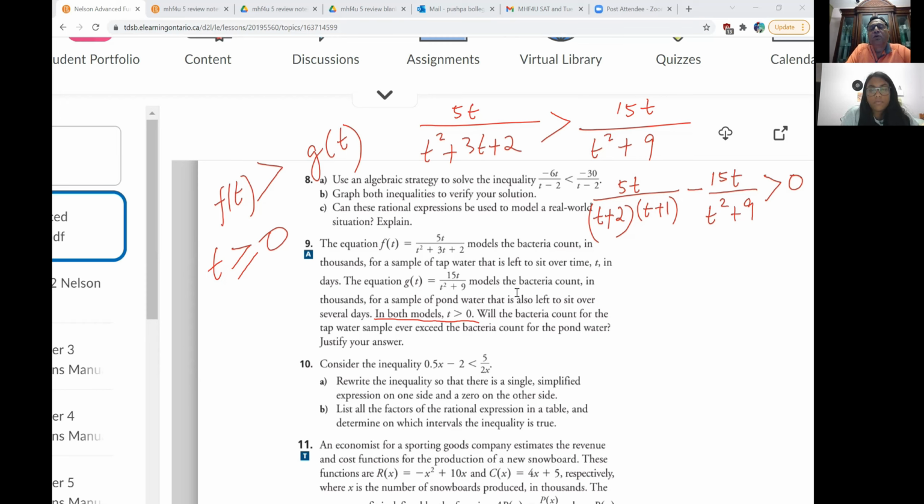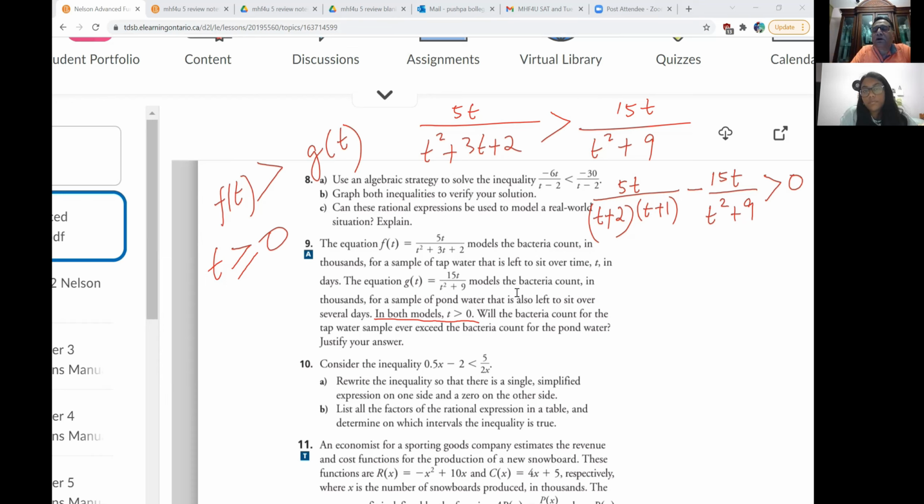See, the denominator is of higher degree than the numerator. So that means the horizontal asymptote is 0, correct? So for a very large number, they are actually approaching 0. Okay. Now, let's try to solve this.